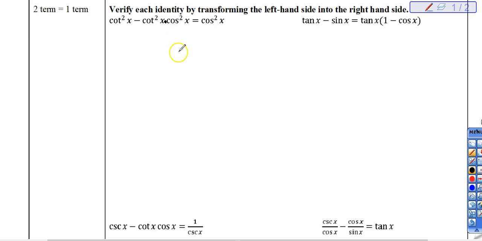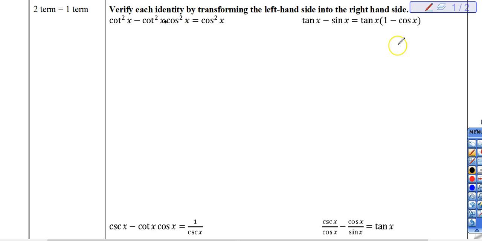But before we tackle just decomposing this into sines and cosines, let's look at it. Can I see any Pythagorean identities? Can I factor any of those things? Look at term 1 and term 2.